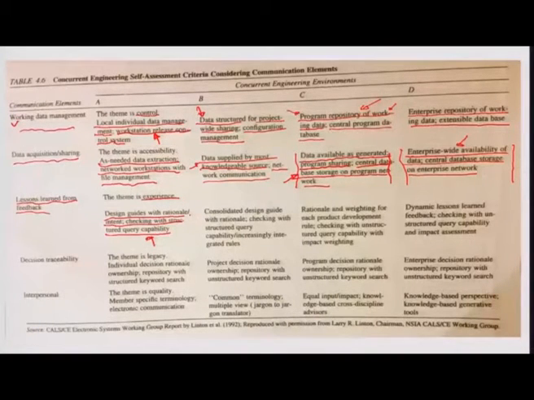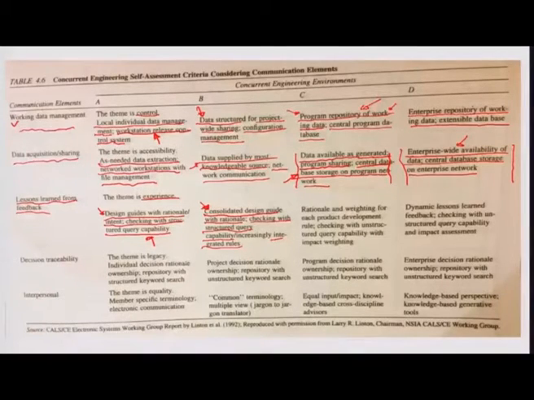There could also be a level B which talks about consolidated design guidelines with rationale. So, not just a single design, but the overall concept or idea which is involved in the existence of an organization, that is made available as a consolidated design. Okay. So, you can check with structured querying and your capabilities are enhanced by integrating certain rules through which you could go into different portions of this consolidated design guide.